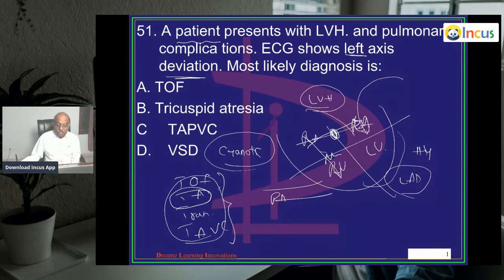Number 1, when there is a tricuspid atresia, there is decreased blood flow from the right atrium to right ventricle into pulmonary artery. That's the reason tricuspid atresia leads to pulmonary oligemia. So cyanotic heart disease with pulmonary oligemia, 2 T's you should remember. One is tricuspid atresia. Second, tetralogy of Fallot also has pulmonary atresia, so the blood flow to the lungs is very oligemic.